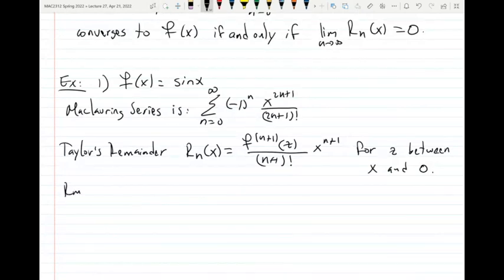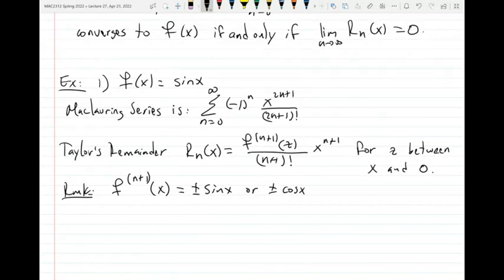Now, the remark here is to notice that whatever derivative you're taking for the sine function, in particular the n plus first derivative, if you remember the computations that we did, this is going to be either plus or minus sine or plus or minus cosine. You remember the exercise that we did, right? The derivatives cycle through one of these 4 functions.